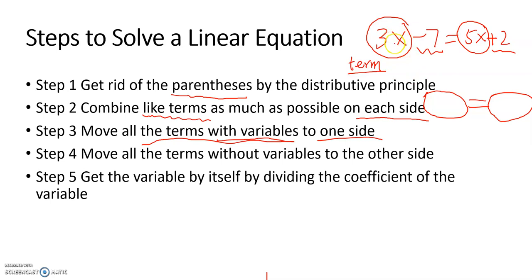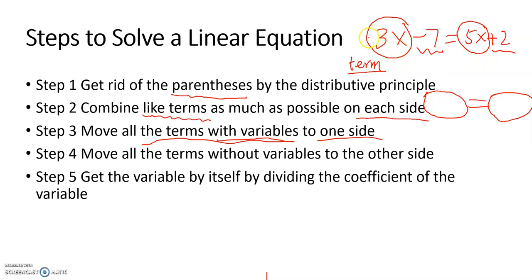So we can choose to get rid of 3x from the left-hand side, which is equivalent to moving 3x to the right. Of course, if you want to move 5x to the left, that means you're going to get rid of 5x from the right-hand side. So what we do is to do subtraction or the opposite operation.